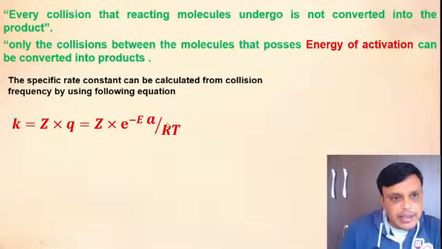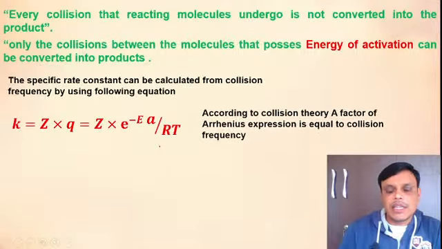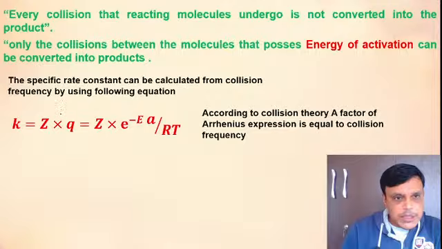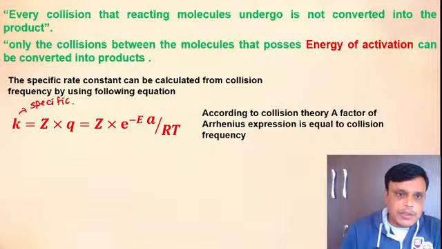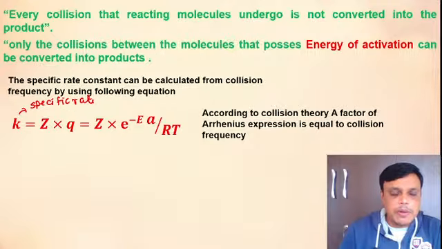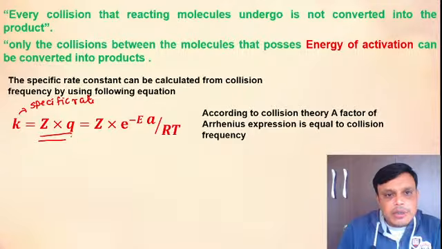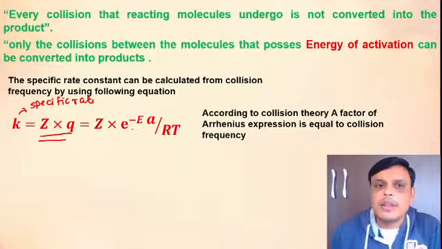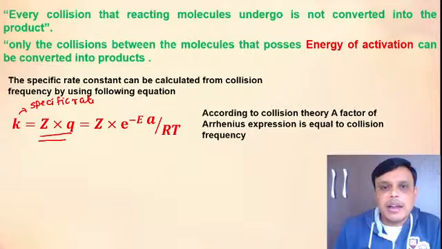So what is K here? K is the specific rate constant, and we can calculate it by using this equation Z into Q. And this Q is nothing but e raised to minus Ea by RT.